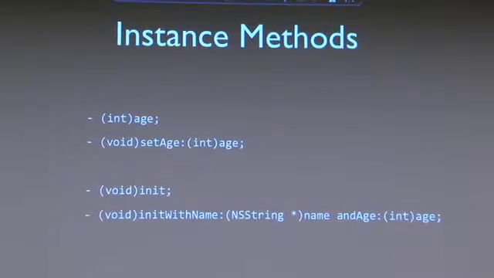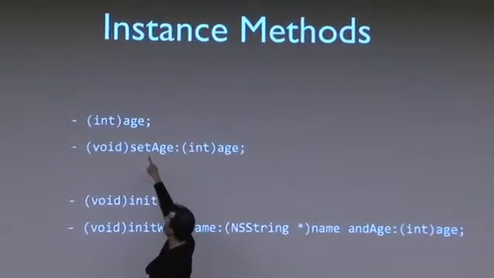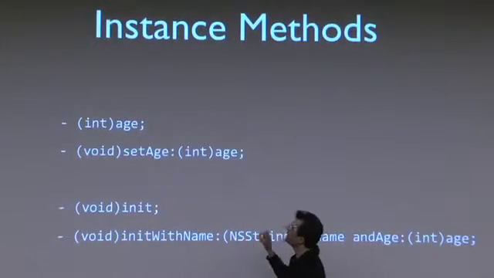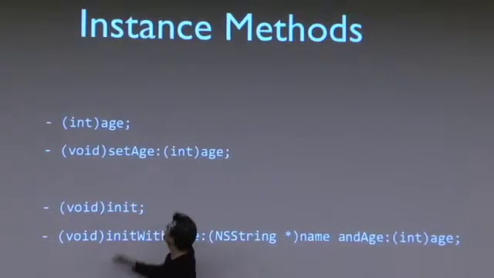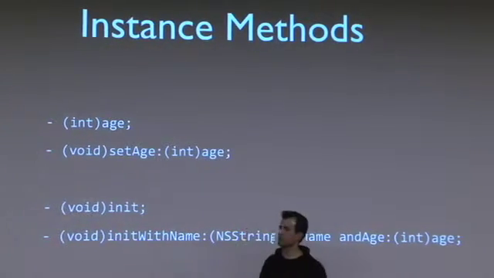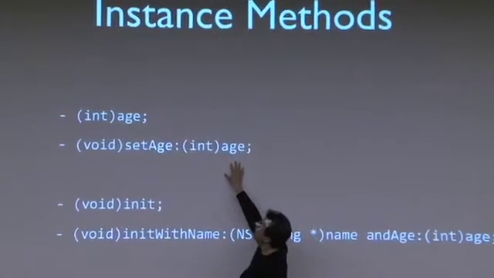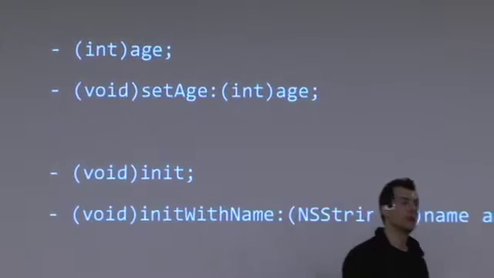So here's how you specify that a class has an instance method called age that returns an int. So that goes in the .h file. Here's how you declare a method or a setter called setAge that takes, to abuse the terminology here, an argument called age that is itself an int, but the setter itself returns void.